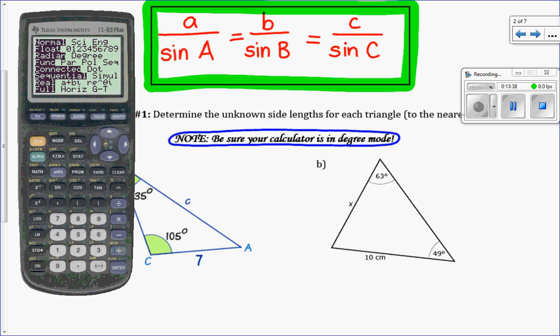Right now my calculator has radian highlighted. That means my calculator is measuring in radian mode. You're going to learn about that in Math 30 next year, but we need to be in degree mode. So you just toggle down to that and then toggle across till degree is flashing and hit enter so that degree is flashing. Once you do that, then your calculator will be in degree mode, okay?